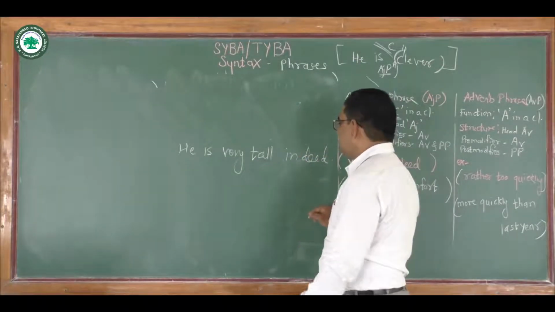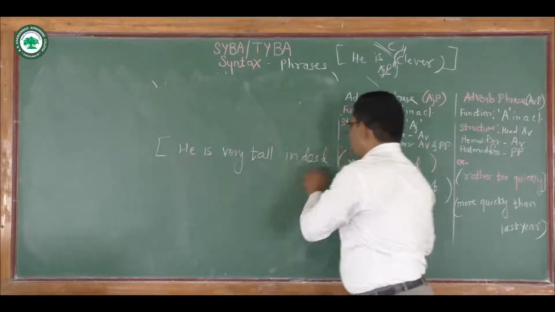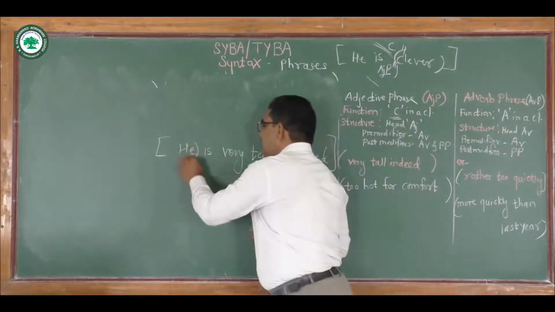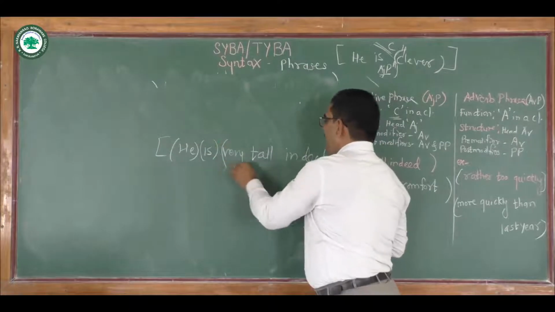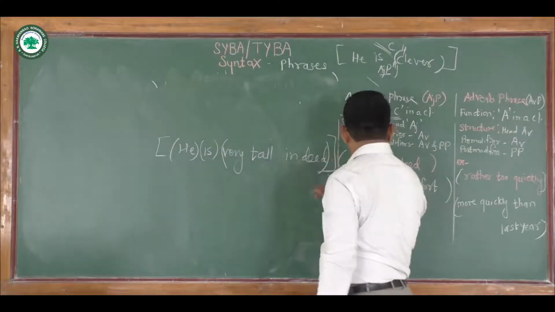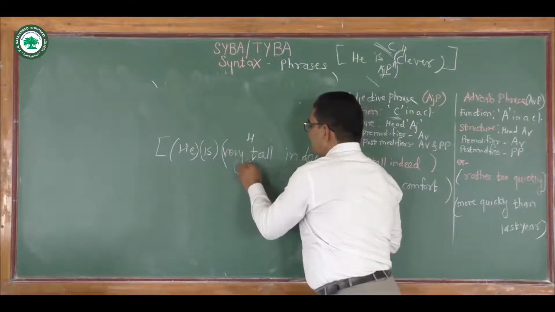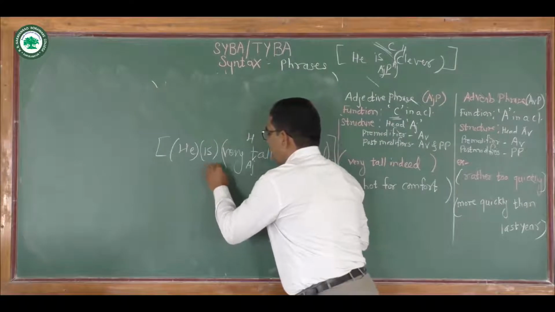If you see this sentence, this is the main clause, and in it he is the subject, is is the predicator, and very tall indeed is the complement. Here tall is the head word. It is an adjective, and the phrase is an adjective phrase.